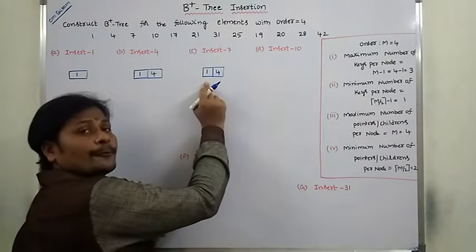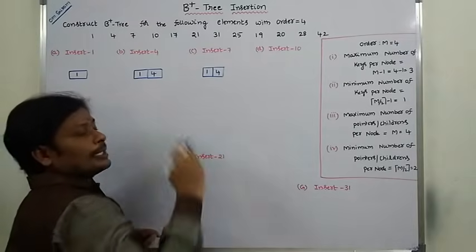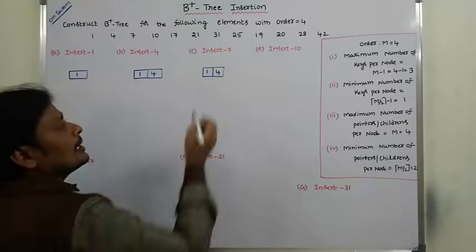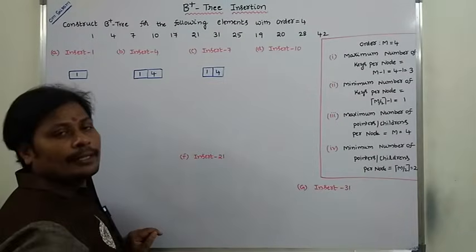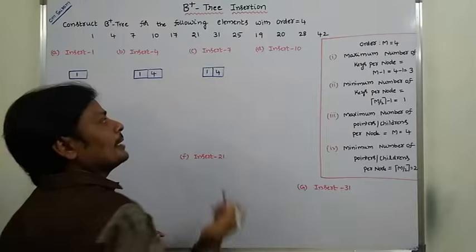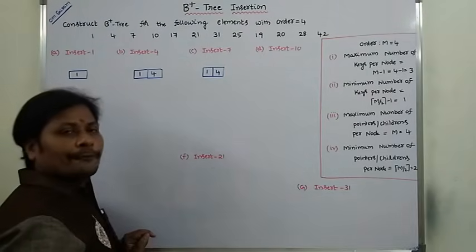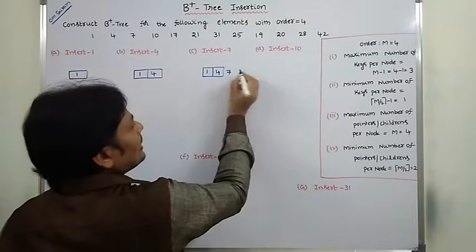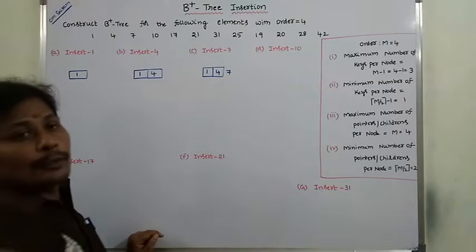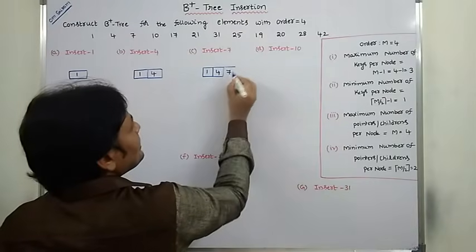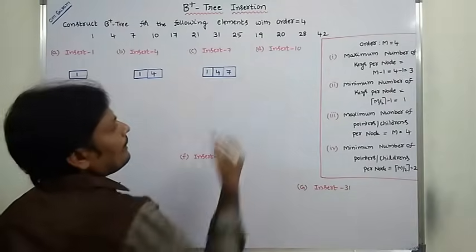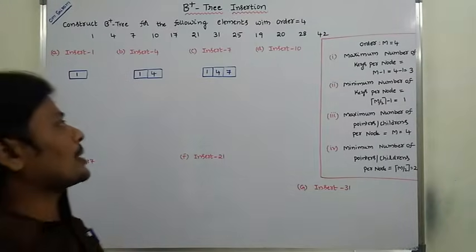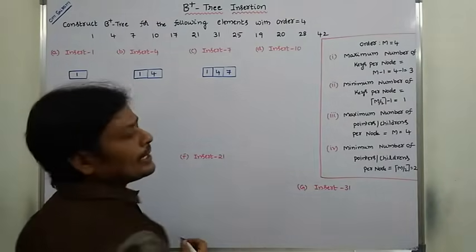Here this node contains only 2 key elements, so there is a possibility of inserting another key element. 7 is compared with 1, and 7 is greater than 1. Next, 7 is compared with 4, and 7 is greater than 4. So 7 can be inserted to the right of 4. After inserting 7, this is the B plus tree we are getting.